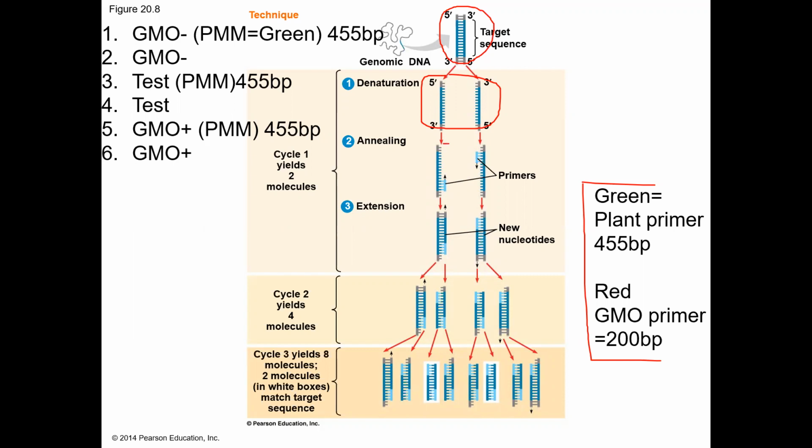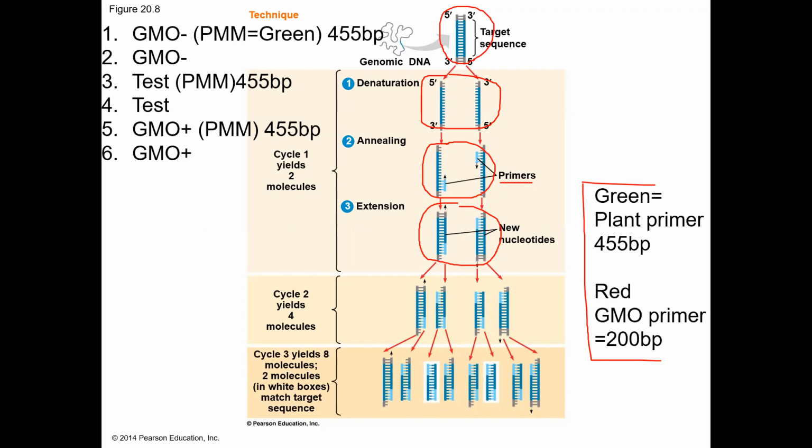You then cool it down just slightly so that these little short primers, these little pieces of DNA that are going to help become parts of the new strands being copied, can attach to the DNA. And then you heat it up ever so slightly, just enough that it's the most efficient temperature for the extension to occur.